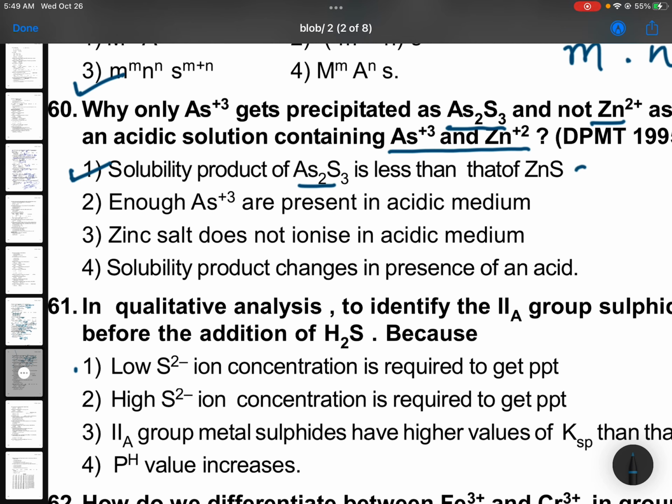Remember, if ionic product is more than solubility product, precipitation takes place. If solubility product is more than ionic product, it is soluble. Solubility product of As2S3 is less than that of ZnS, so easily it can be precipitated.